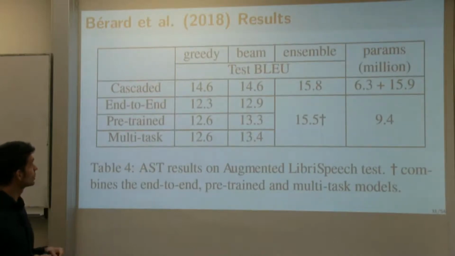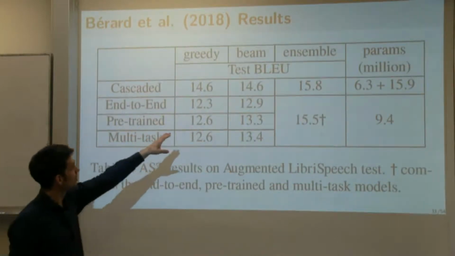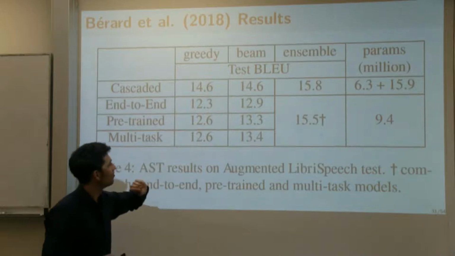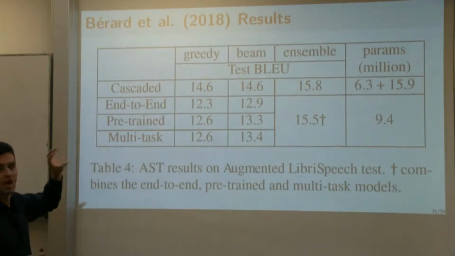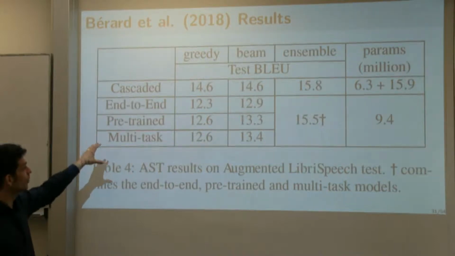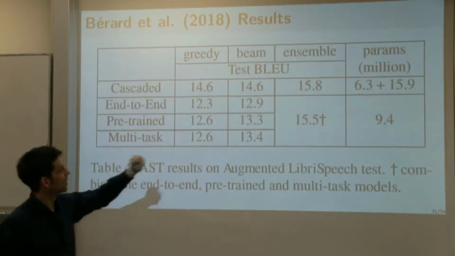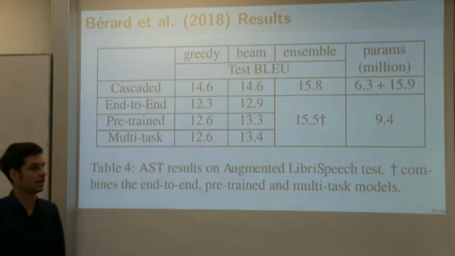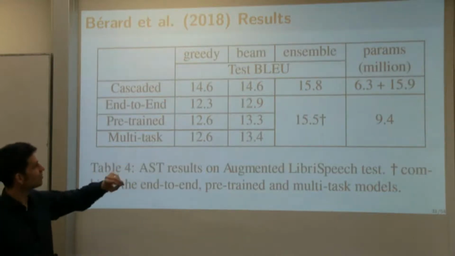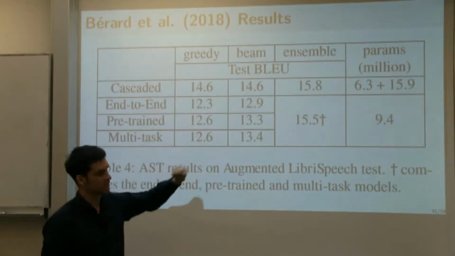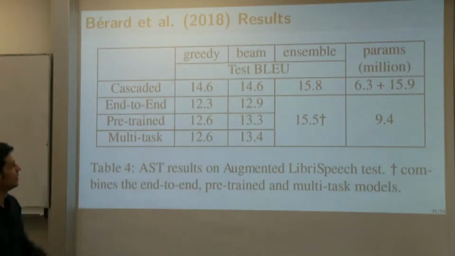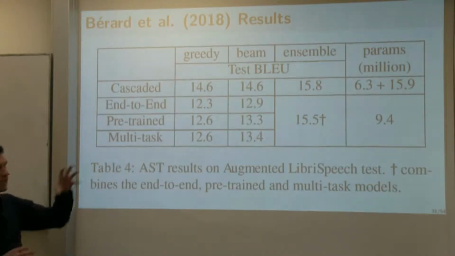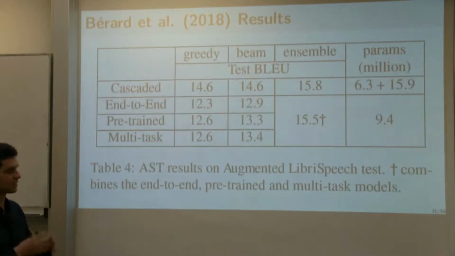Here are the scores. So the cascaded approach still delivers better scores, but if they put together all the end-to-end approaches they work with, then they are getting very close to the cascade. So the ensemble that gets the test blind score 15.5 compared to 15.8 of the cascaded approach is actually an ensembling system.